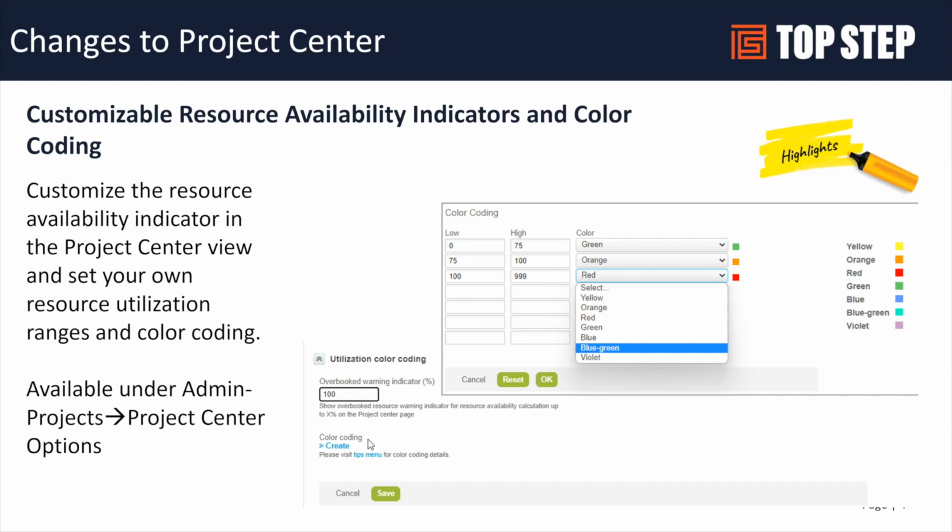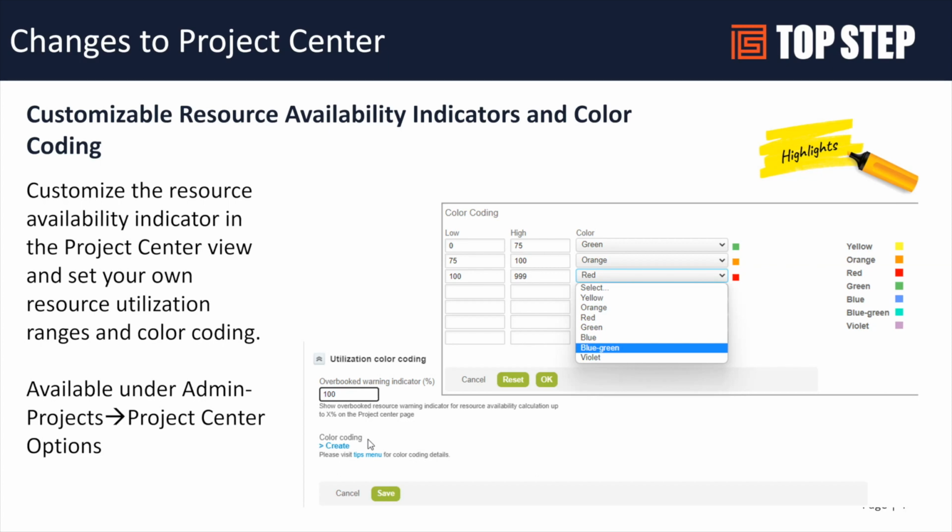In this release, they've added the ability to customize the availability indicator. This is very similar to looking at the availability of resources and being able to see if someone's overscheduled or underscheduled, and you can color code those into different categorizations so they pop out.